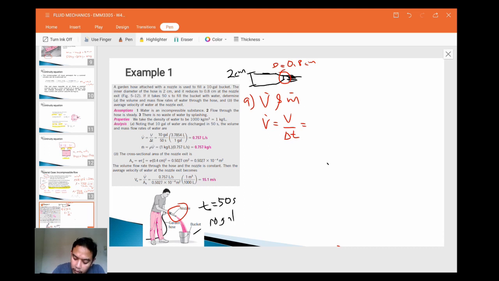The volume of the bucket is about 10 gallon, and delta T is 50 seconds.